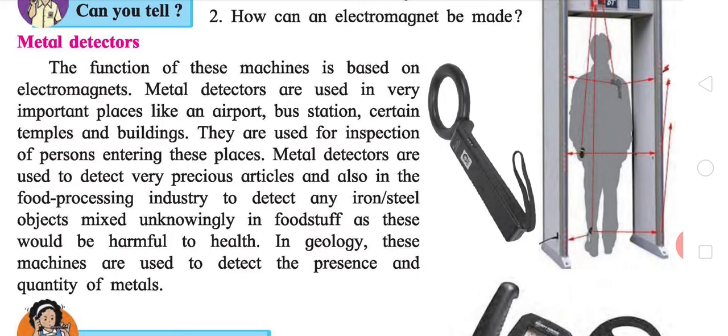Metal detectors are also used to detect very precious articles, and in the food processing industry to detect any iron or steel object mixed unknowingly in foodstuff, as these would be harmful to health. In geology, these machines are used to detect the presence and quantity of metals.